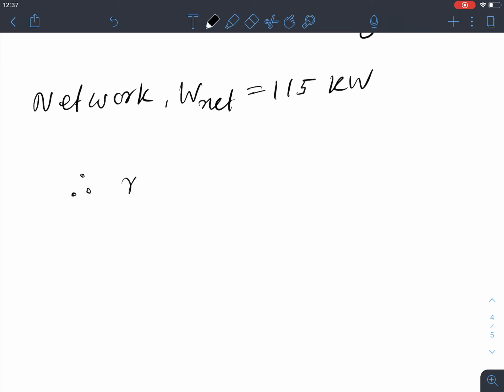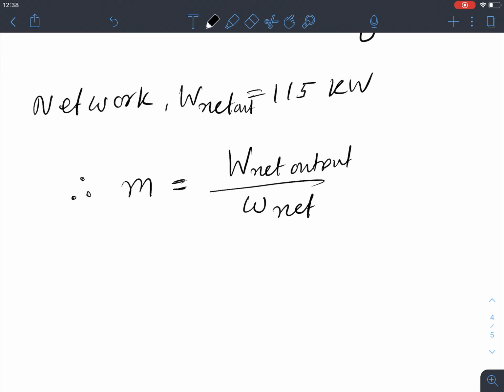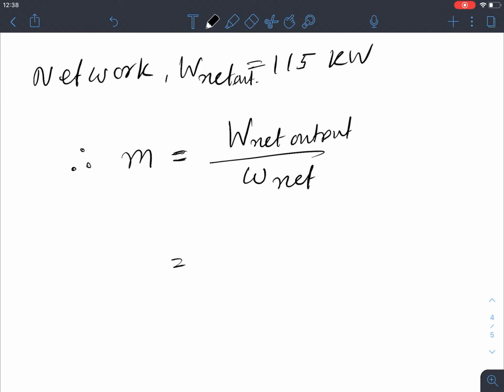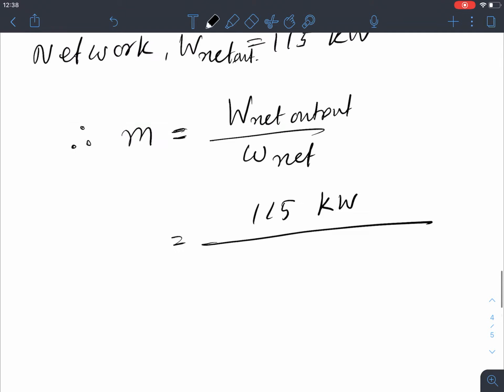So the mass flow rate of that system will be W net divided by small w net output, right? So basically 115 kilowatt. Instead of kilowatt, we can write it as kilojoule per second, right?